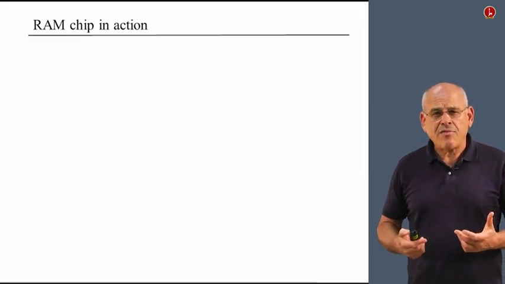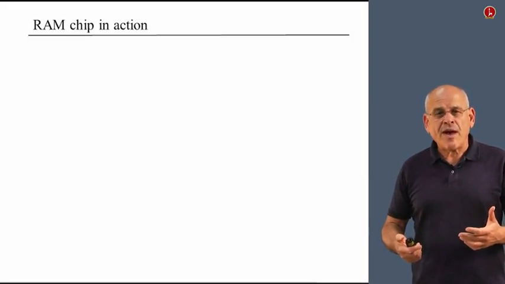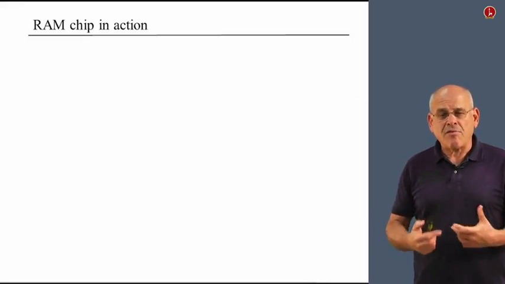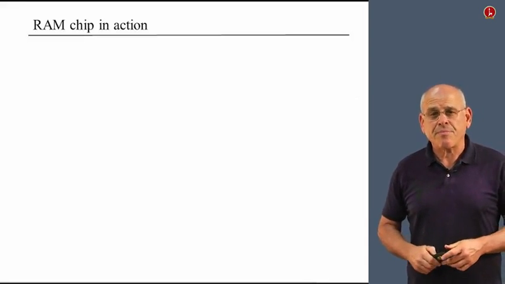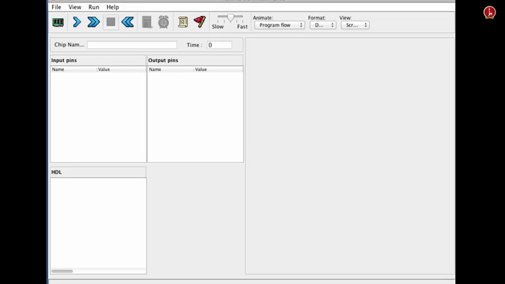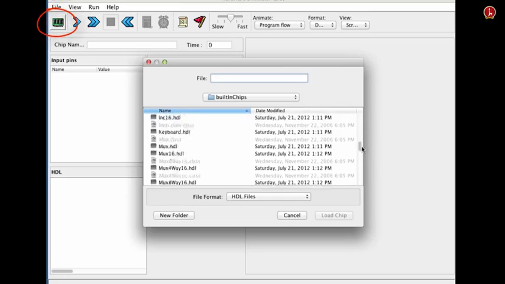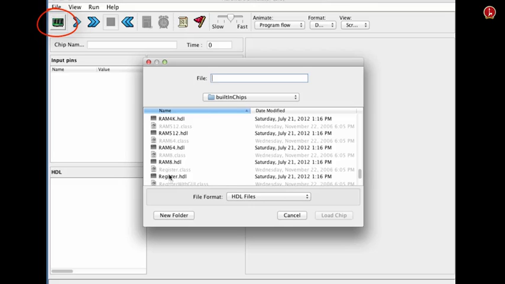Okay, I would like now to give you an example of a RAM chip in action. So once again, we're going to fire up the hardware simulator, and we'll see some examples of how the values of the registers change over time. In this demo, we're going to illustrate how a RAM device operates using the hardware simulator. So let us open our built-in chip directory and look for some RAM device. We have several RAM devices in the hack chipset.